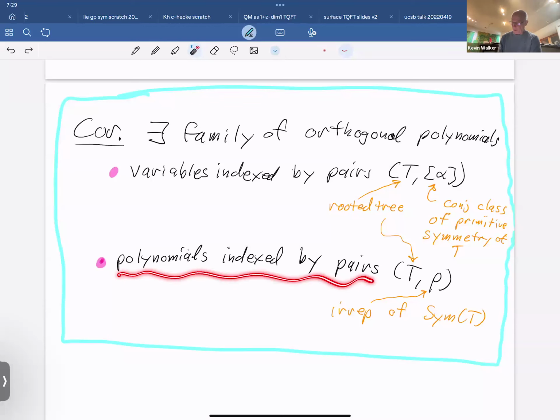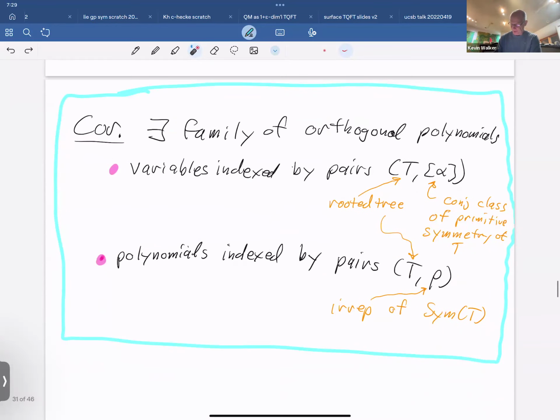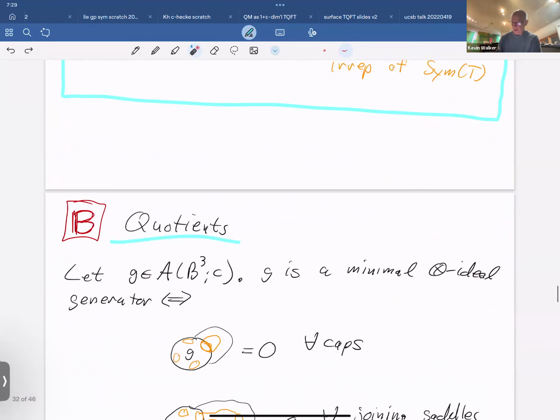And then the polynomials are indexed by pairs, again, a rooted tree, but this time I want an irrep of the full symmetry group. So I think some ancestor of this talk was to an audience full of combinatorialists, and so hence the emphasis on orthogonal polynomials.